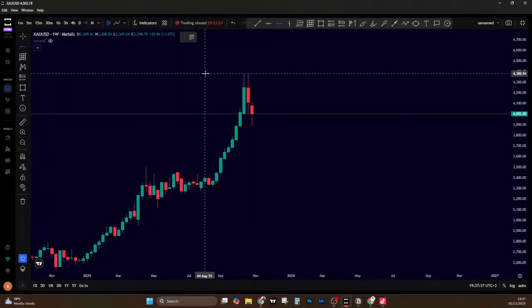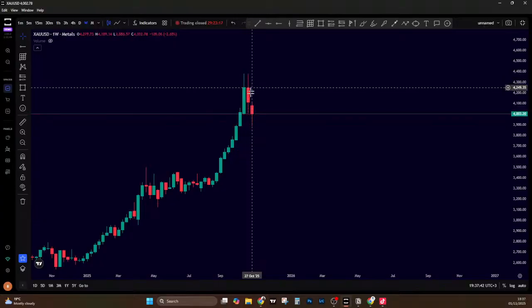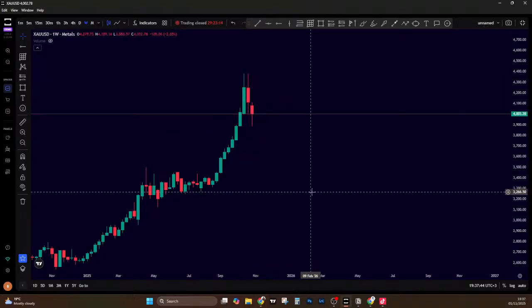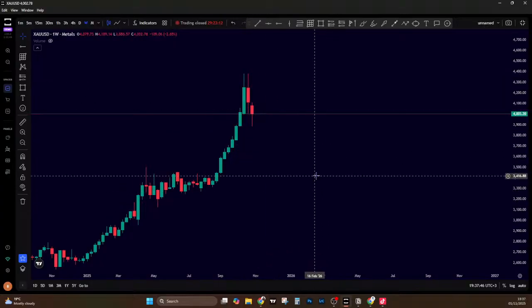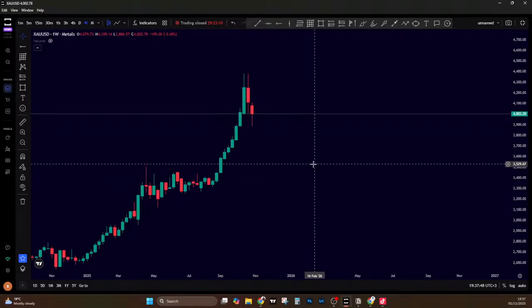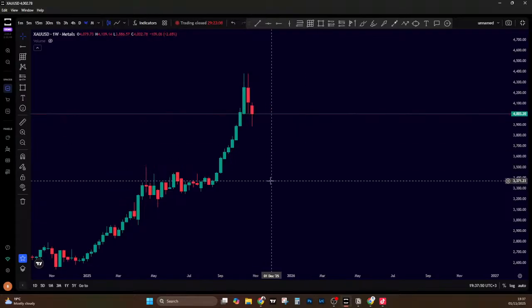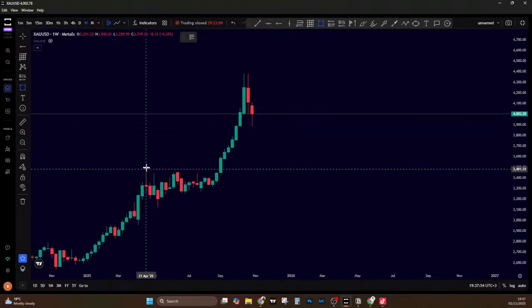Okay, we had some double tops there, and this is what is causing the sell. So I would want to ask myself, if this market sells, it is supposed to sell until where?